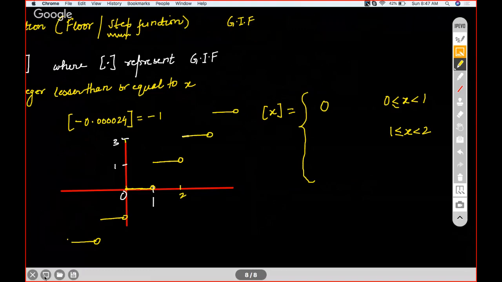Can you plot the graph for y is equal to GIF of x plus 2, minus 4?